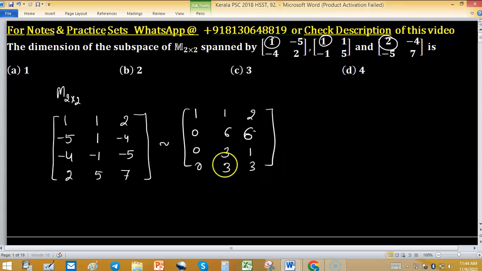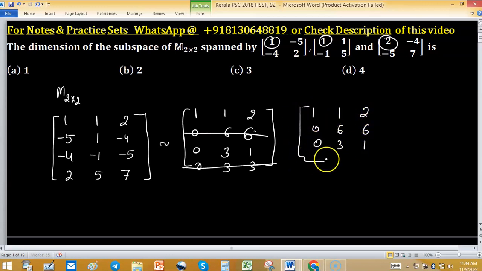So you can observe these two rows are proportional, so you can delete any one. After deletion we have 1 1 2, 0 6 6, or 0 3 1 and the last row is 0 0 0.